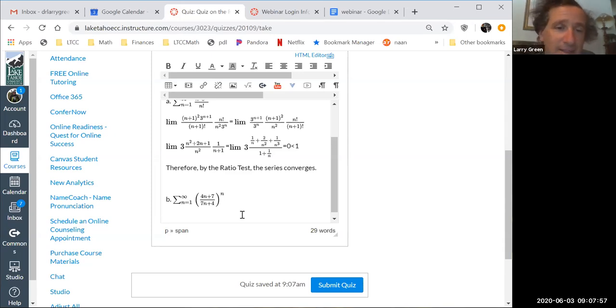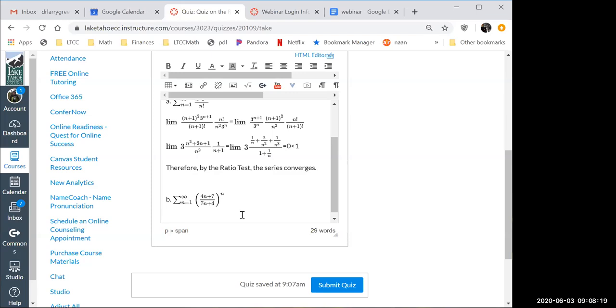The limit is even hard to look at. If you tried to imagine what the limit is as n goes to infinity, that's just going to be a mess. There's nothing to compare it to. It doesn't look like anything. The ratio test would not be happy at all. What test can we use? Root test.